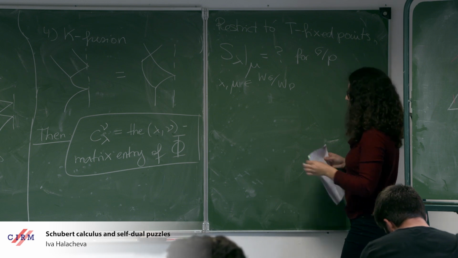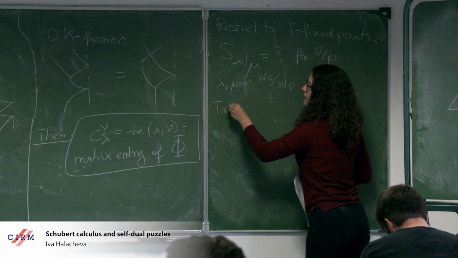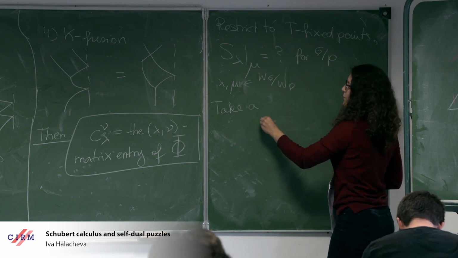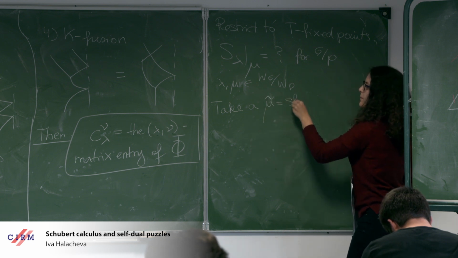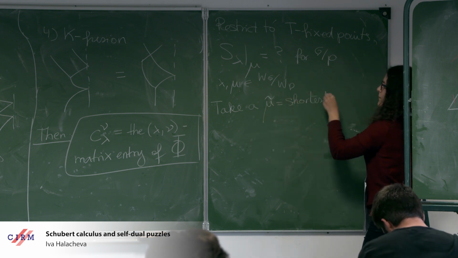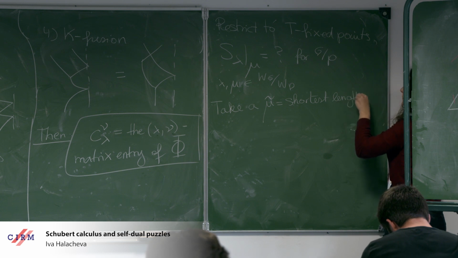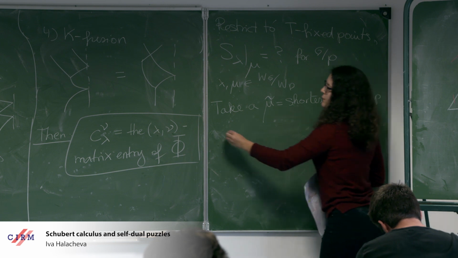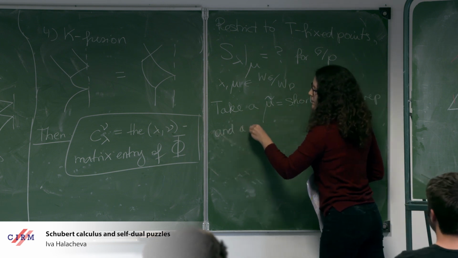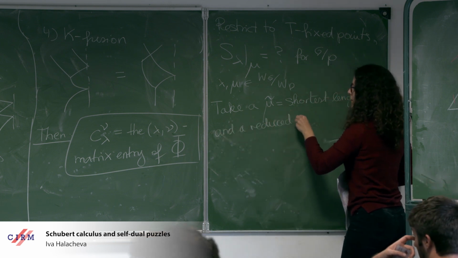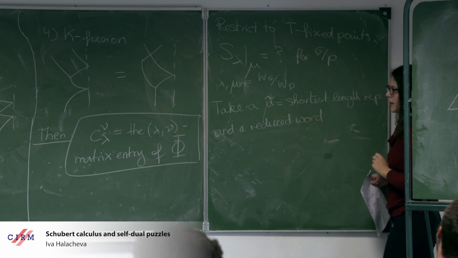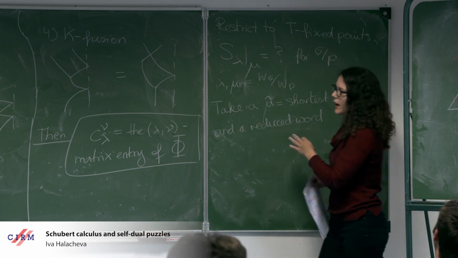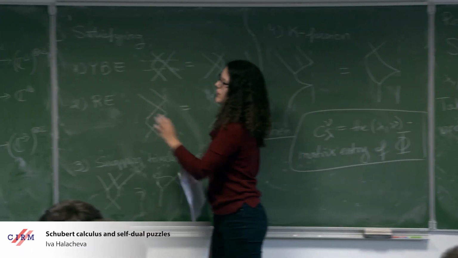So what we need to do is take the shortest length representative for mu, and take a reduced word for that. And then replace each of the elements of this reduced word with either an R matrix or a K matrix.